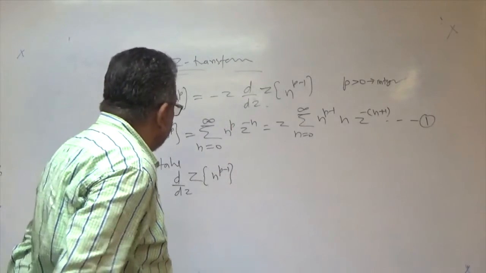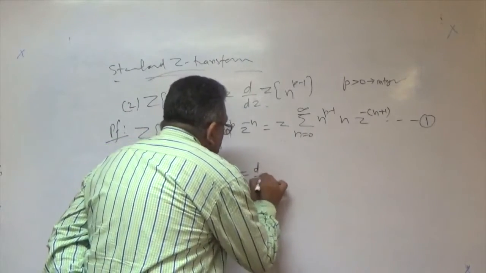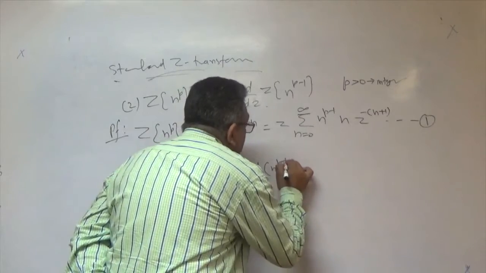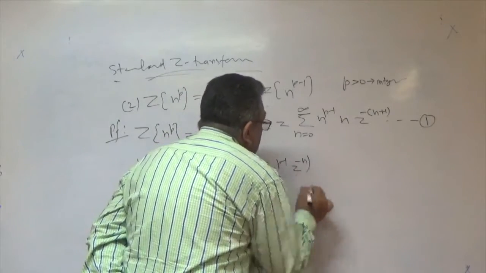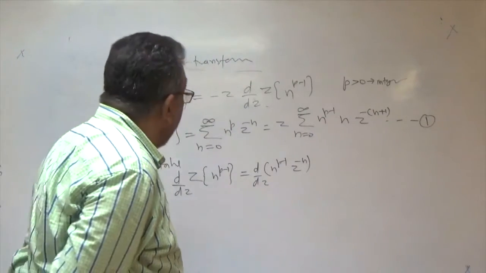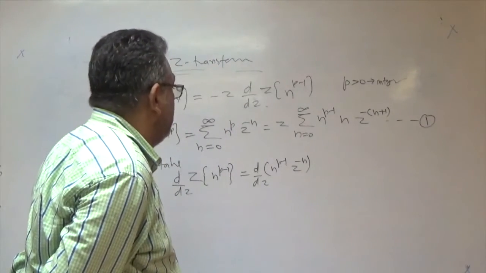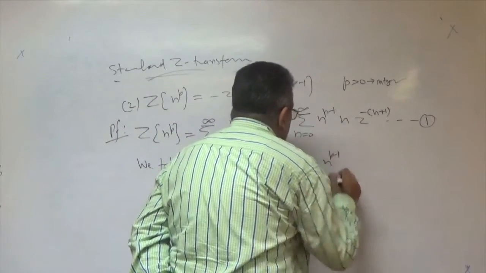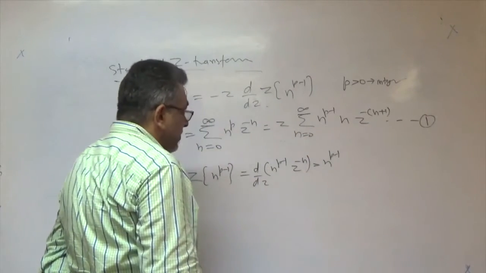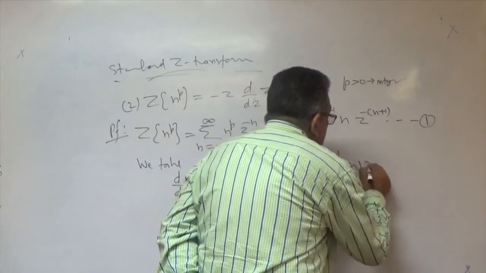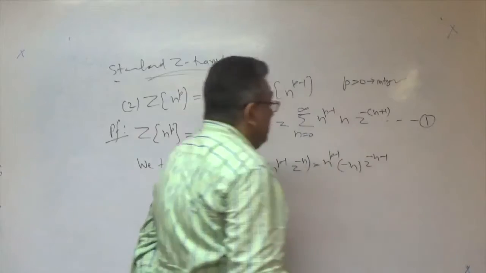What is the meaning of this? So this is d by dz of the z transform, which is n to power p minus 1 times z to power minus n. If you differentiate this with respect to z, here n to power p minus 1 is constant, and the differentiation with respect to z gives minus n, z to power minus n minus 1.